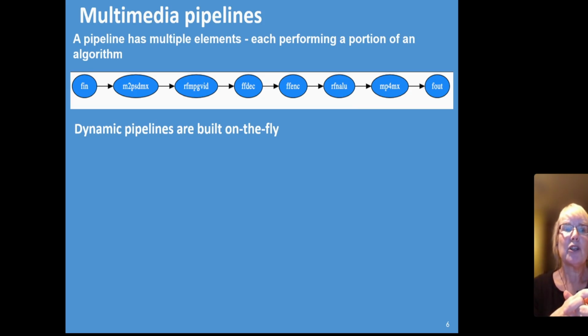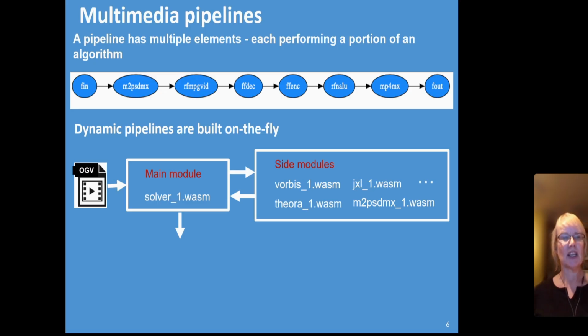The reason we want to build these on the fly rather than having a really static, monolithic, precompiled element that we could insert in a web page is that, as I said before, it gives us a little bit of flexibility. And the way we build them on the fly is that we would take input data, in this case, OGG video as shown on the right, insert it into a main module. We'll call this one Solver Generation 1.